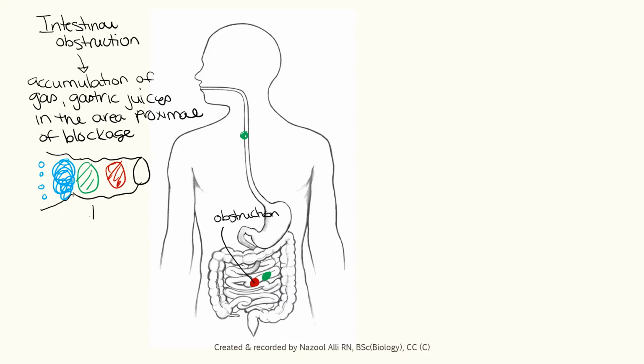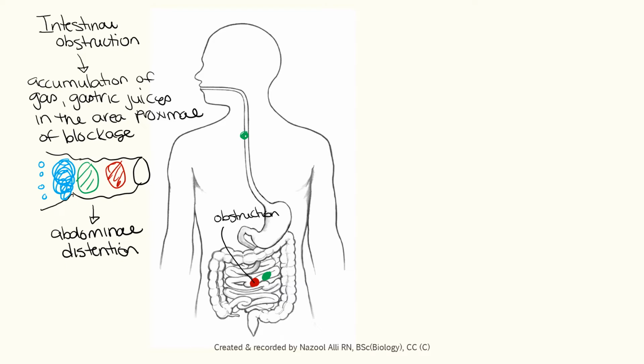What that's going to then result in, what you're going to see physically in the patient, is abdominal distension. So it's not uncommon that one of the clinical manifestations of an intestinal obstruction is abdominal distension.